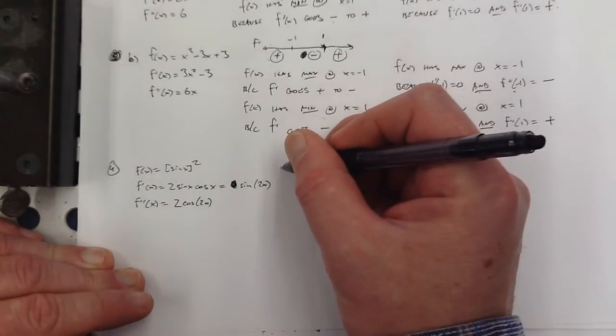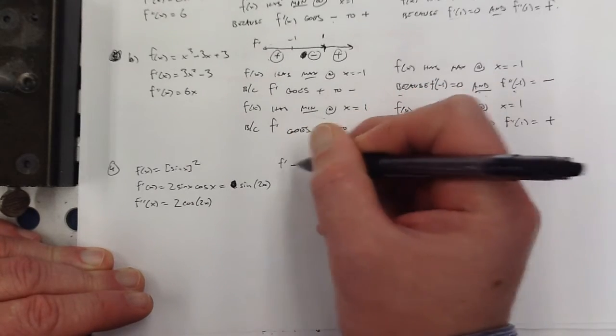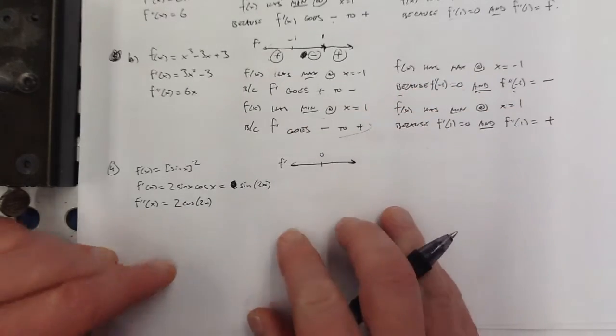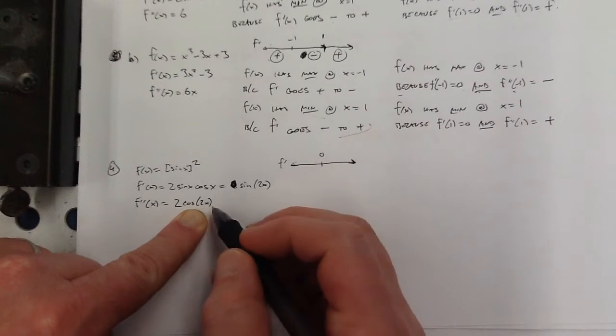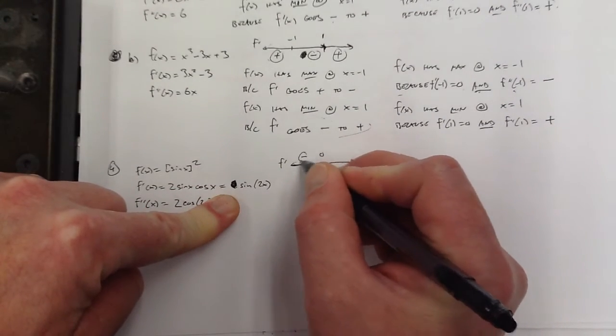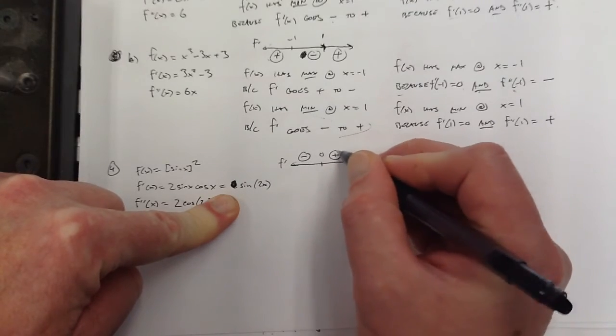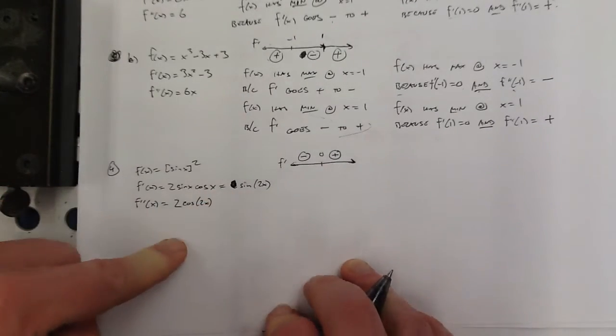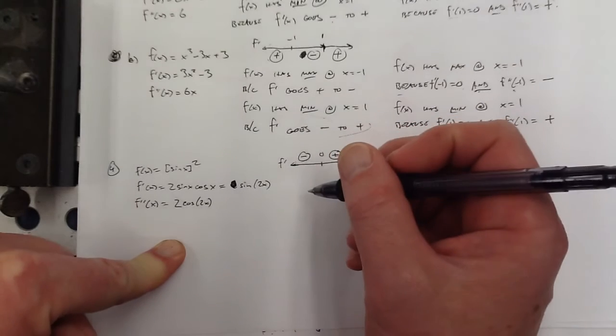And we want to show that it's got a relative minimum at x equals 0. So let's see what the signs are doing here. Sine of 2x is going to be negative on this side and positive on this side. Test some values if you like.